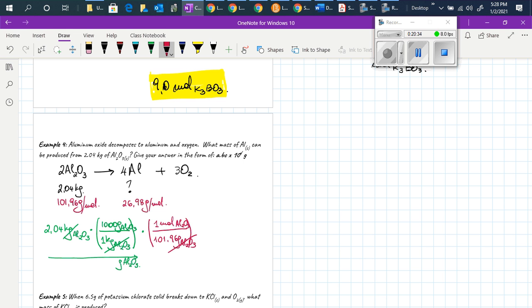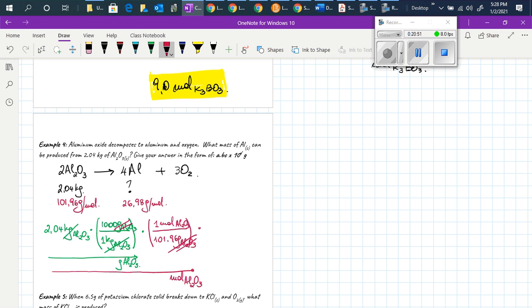So grams of aluminum oxide and grams of aluminum oxide are cancelled out. In terms of units, what we have here is moles of aluminum oxide.